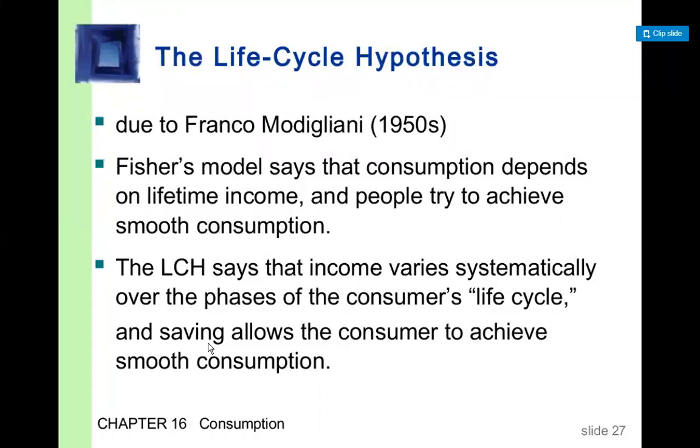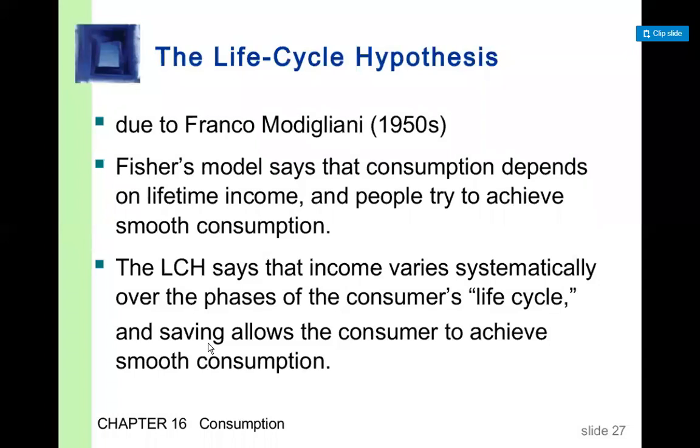In the next time period, when his income level is lower, he can consume the savings. In simple words, the life cycle hypothesis is that income varies over the lifetime, and the consumer saves to achieve smooth consumption over life.